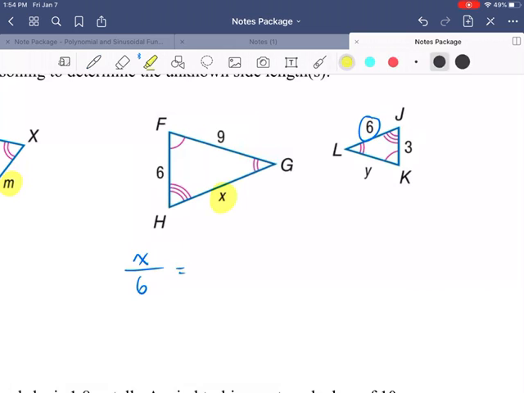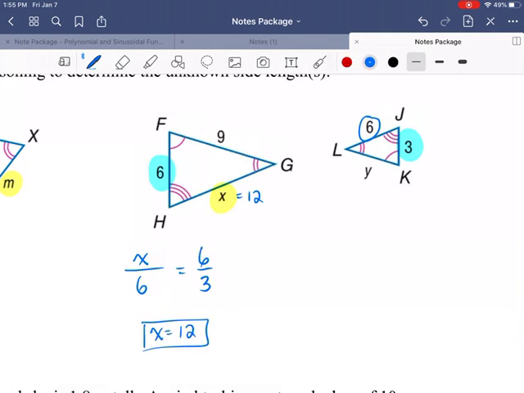And the only sides that we have both information for are the vertical sides. So 6 and 3. So x over 6 is equal to 6 over 3. And in solving this, we're going to get x is equal to 12. Okay. That's one side. Now we also need to figure out y.